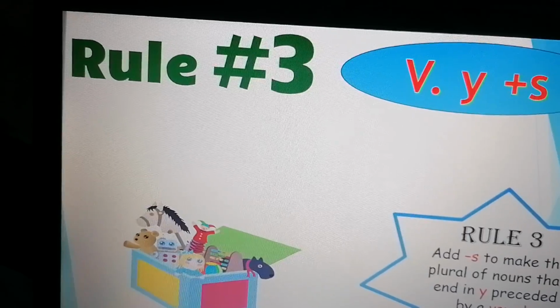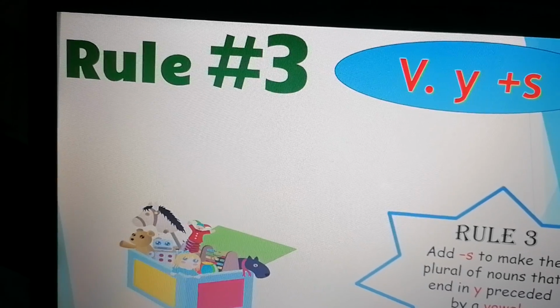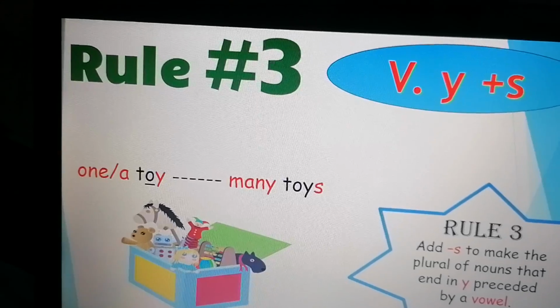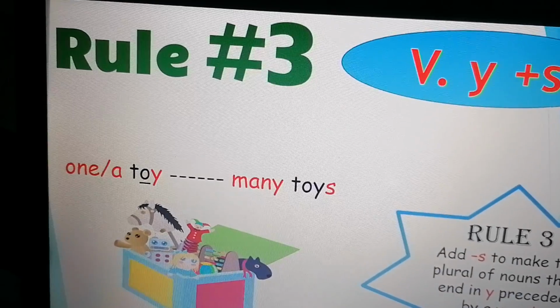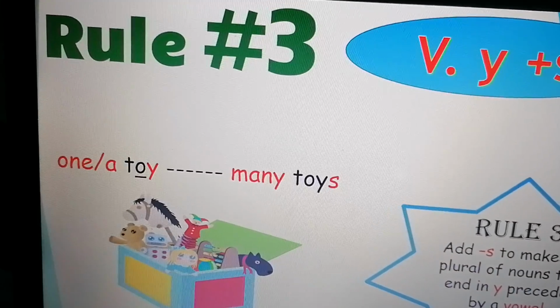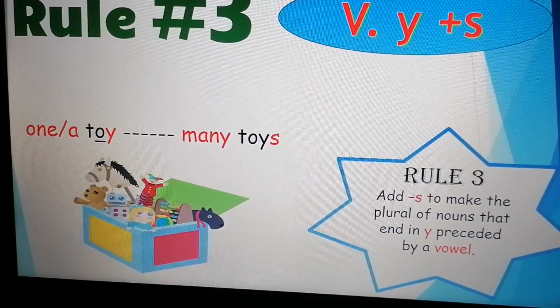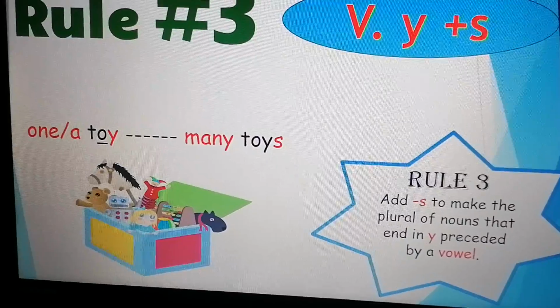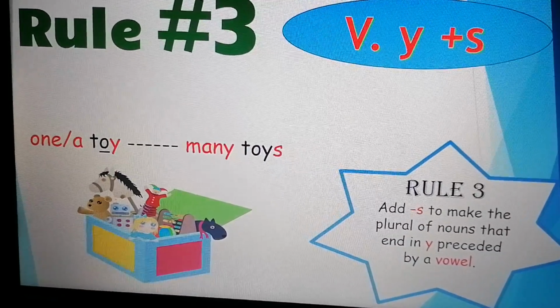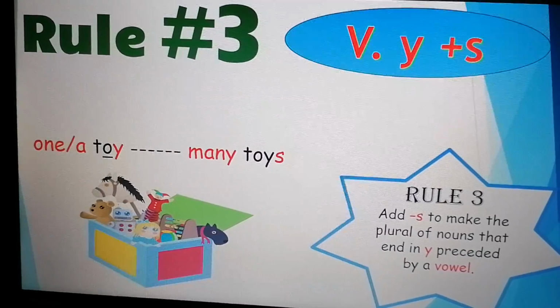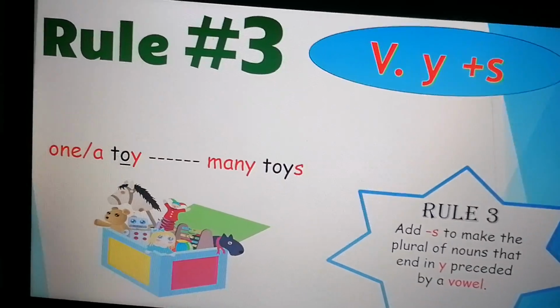Rule number 3. One or a toy, many toys. Rule number 3 tells us to add an S to make the plural of nouns that end with a Y preceded by a vowel.